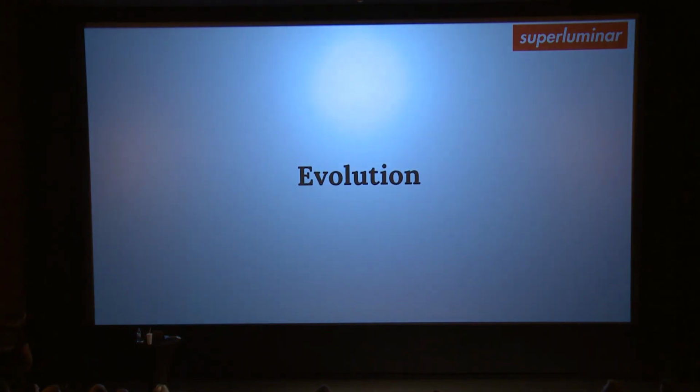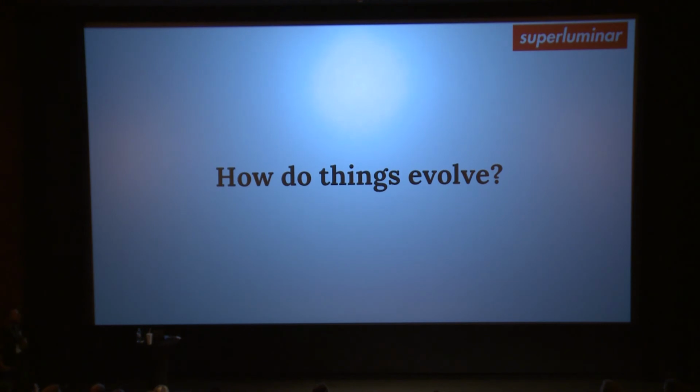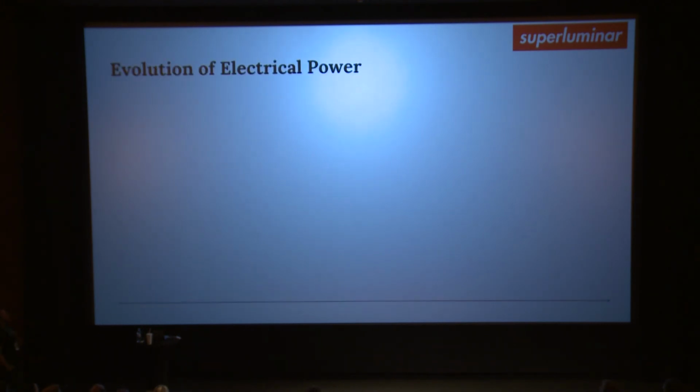So to explain what will happen with serverless, or what happens all the time, we have to have a look at evolution and how things evolve. As an example, I have the evolution of electrical power. It started with something like a Faraday disk. We call it genesis here.